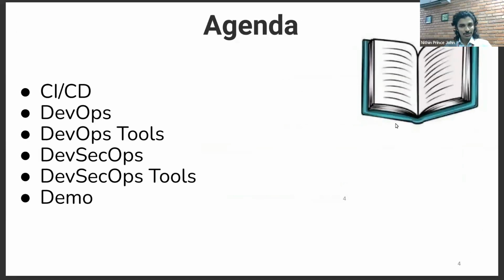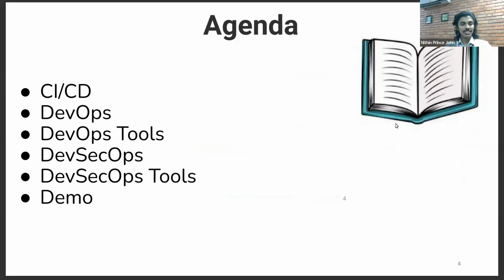This is the agenda for today's webinar. As we know, today's topic is DevSecOps, but in order to know about DevSecOps, we need to have a clear understanding of what exactly DevOps is, and also the various tools used in DevOps. And the main backbone of DevOps is CI/CD.